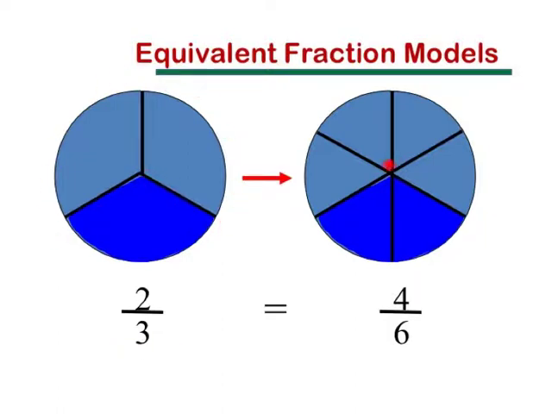Here we have 4 out of 6 pieces left, so we have 4/6. And you can tell that both of these pizzas show the exact same amount. So 2/3 and 4/6 are both equivalent fractions.